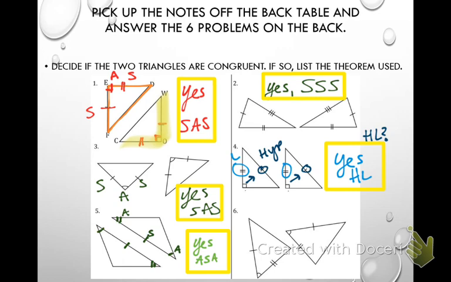It also kind of gears us up for similar shapes. Similar shapes are shapes that are the same structurally, but one of them is larger than the other. This is two chapters from now. They're not going to be congruent.